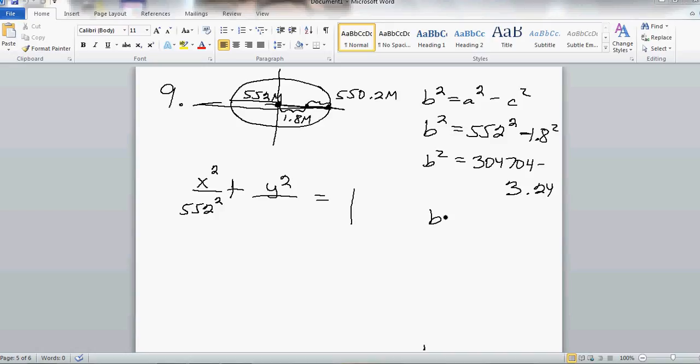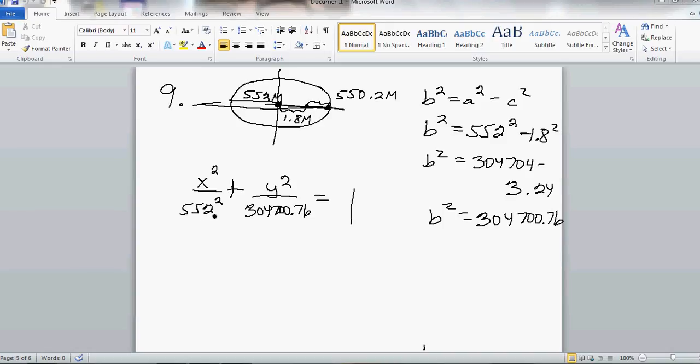And so b squared would equal those two subtracted. So that would be 304,704 minus 3.24, which is 304,700.76. So that's what goes here, 304,700.76.